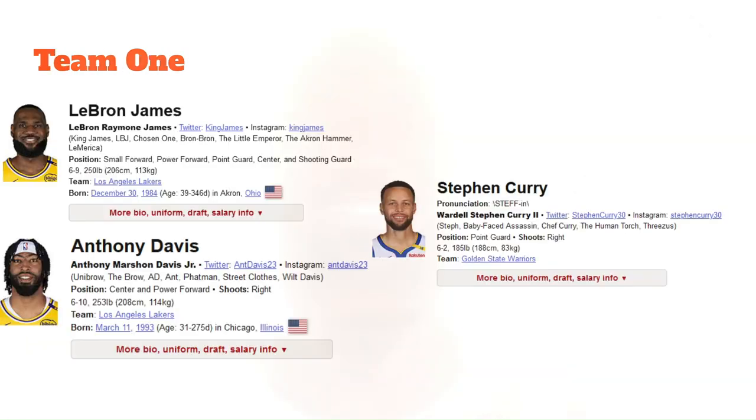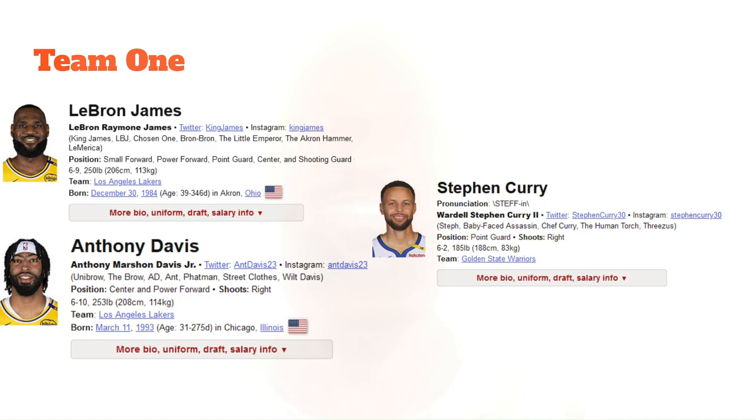All right, so for team one, we have 3 players, LeBron James, Stephen Curry, and Anthony Davis. Some of the information that you can see listed under them is things like nicknames, links to their social media stuff. The stuff that's relevant for us, though, is their positions and then their heights and weights, which are listed on the website in both metric and United States measurement units.